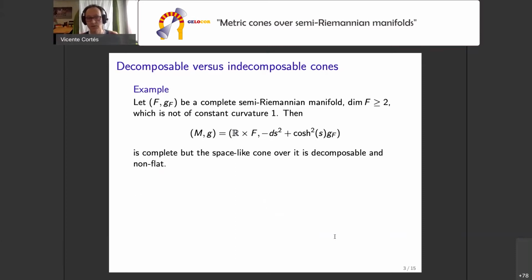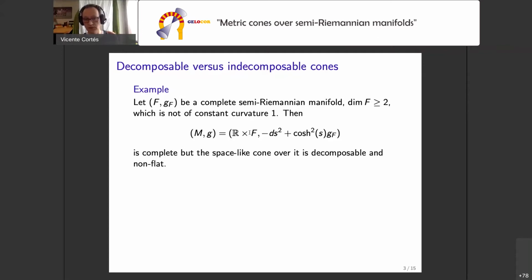So if we consider some arbitrary complete semi-Riemannian manifold F with a metric g_F and assume the dimension is at least 2, and which is not of constant curvature 1, to exclude the flat case, then we can consider this particular warped product, minus ds squared plus hyperbolic cosine of s times g_F.